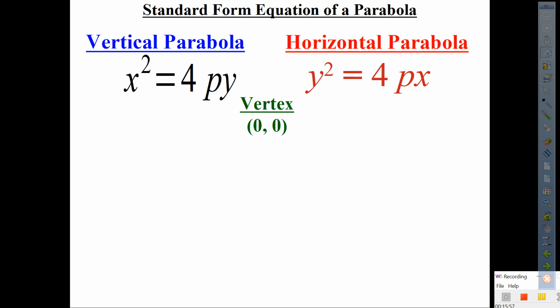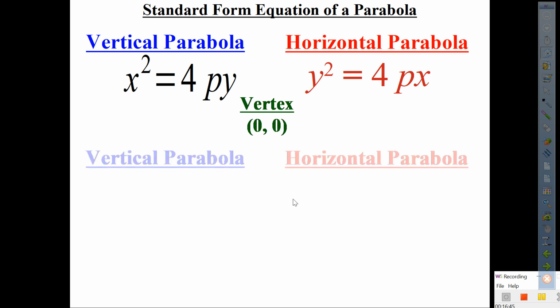If it didn't move yesterday and we're moving it today, that means we're going to move it either side to side or up and down. Tell your neighbor, what parameters are we going to include now in our equation? Very good. Today we're going to include what? h and k. That is correct.